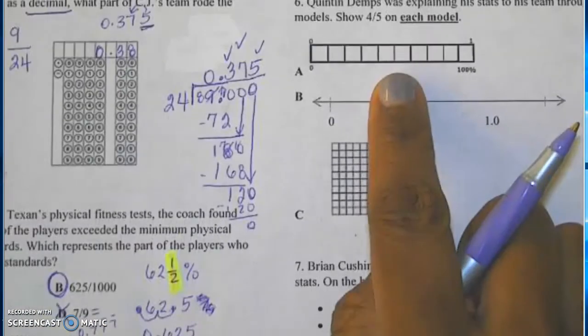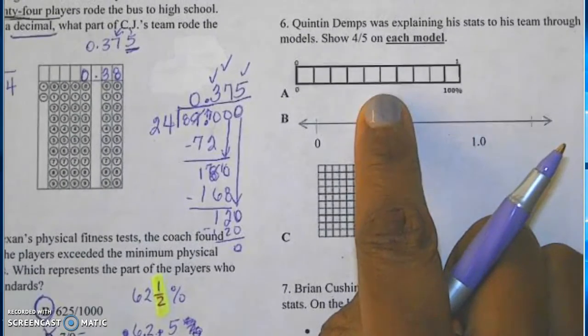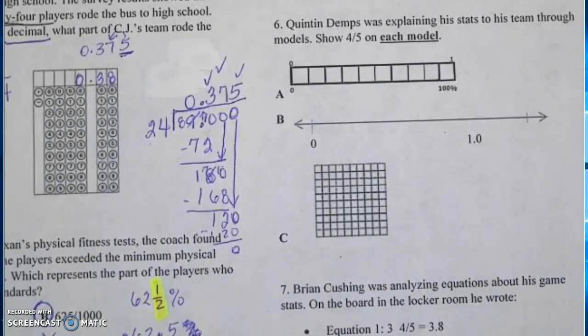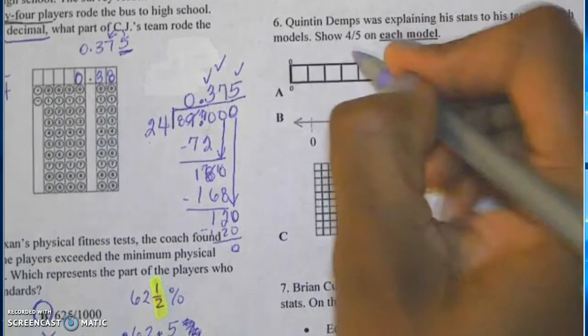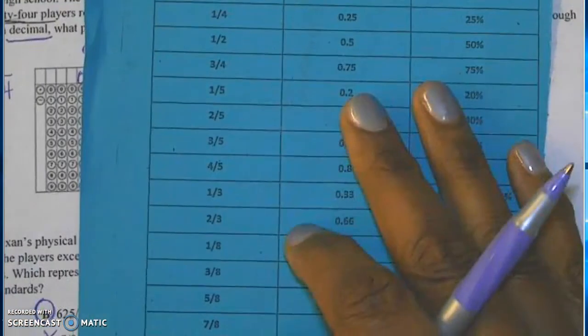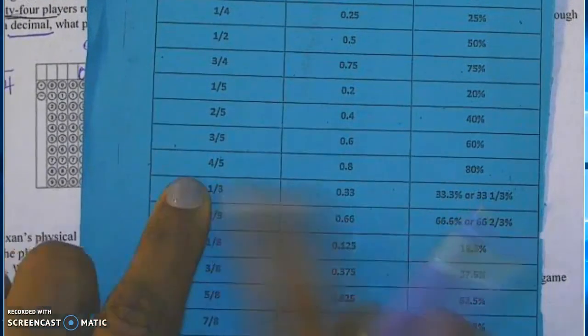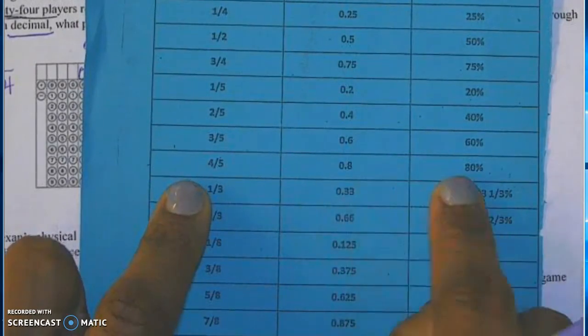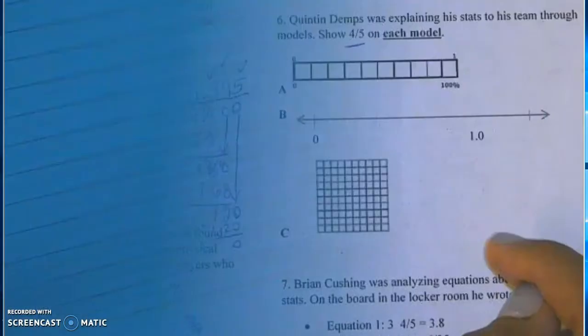Let's look quickly at number 6. We want to make sure that everybody understands how to model for our test tomorrow. Show 4/5 on each model. Again, 4/5 on my blue chart is 8/10 or 80%. So I need to know this information. 8/10 or 80%.